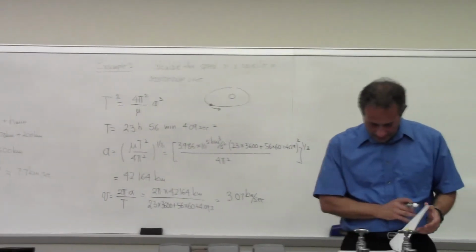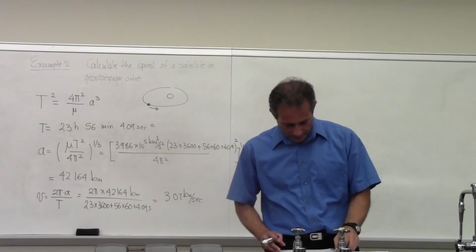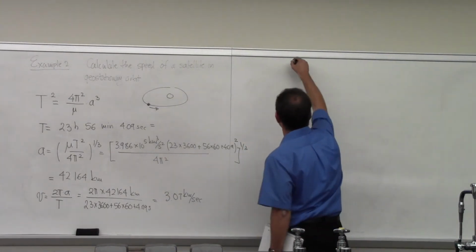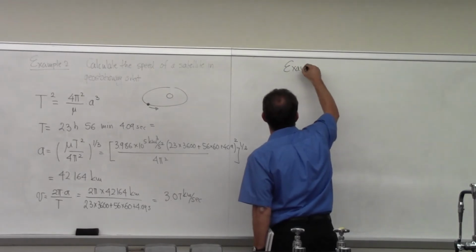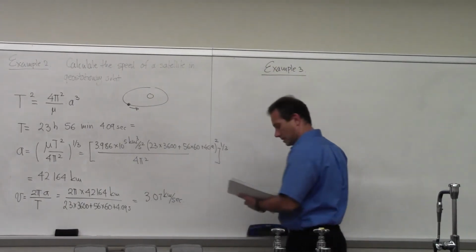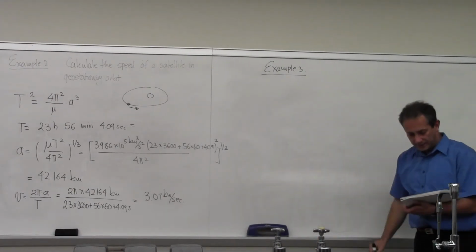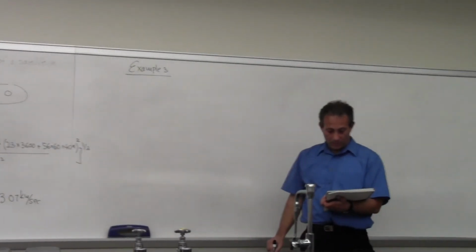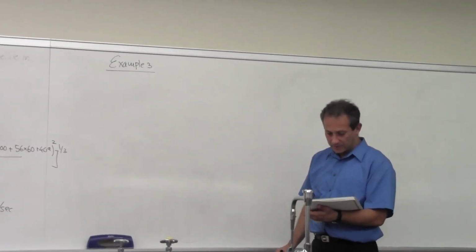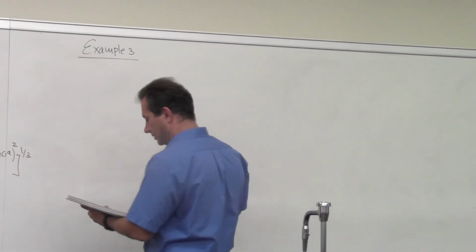Okay. Let me do one problem talking about Doppler shift. This is example 3. Consider a LEO satellite in a circular polar orbit with altitude of 1,000 kilometers. The transmit frequency is 2.65 gigahertz.